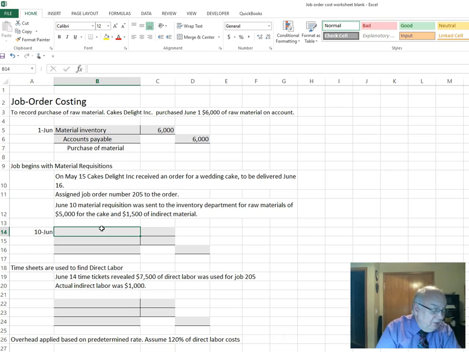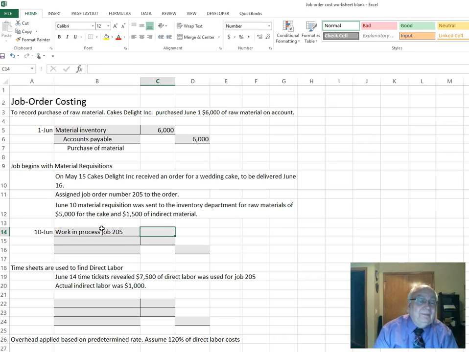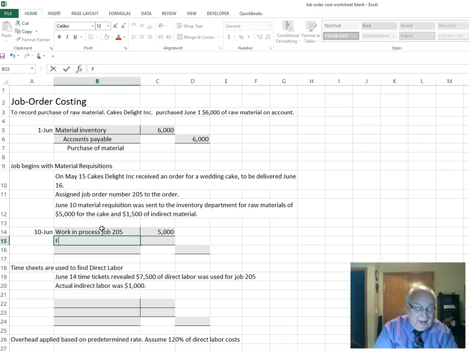So what we have on June 1st is the work in process for job 205, for the $5,000. Now the indirect materials will go into factory overhead, and that's for the $1,500.